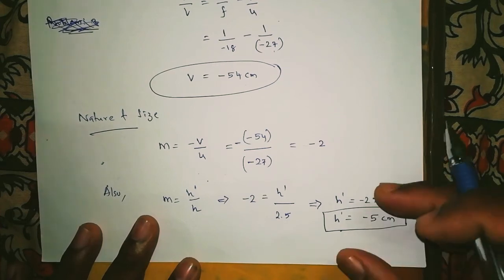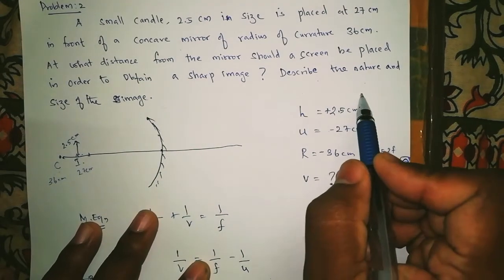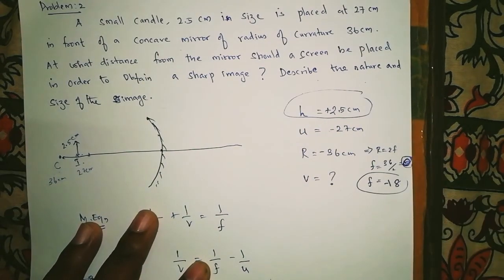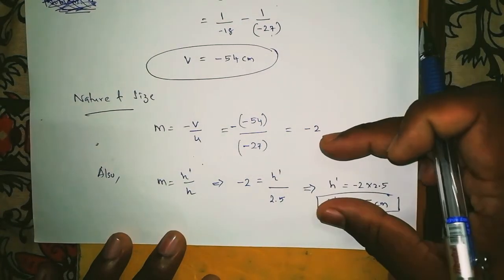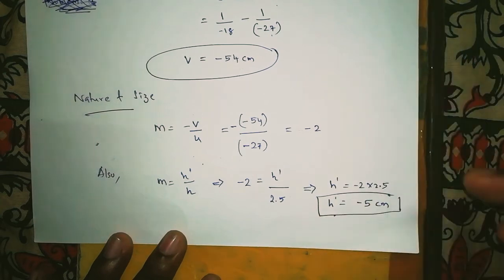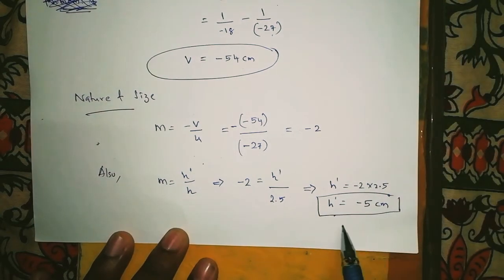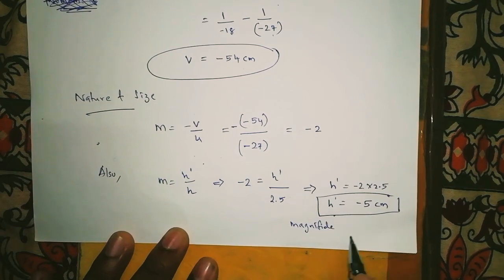The height of the object was 2.5, and the image is 5. So the object is small, but the image looks bigger, double the size. So it is actually magnified.